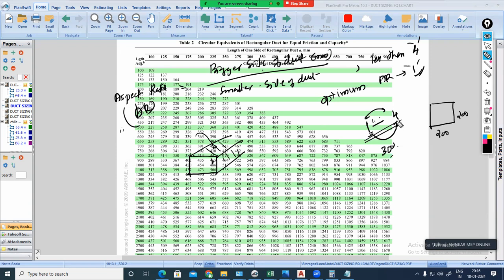Compared to duct 1, duct 4 has more surface area. More surface area means more heat gain. So even if we provide thermal insulation, compared to an aspect ratio 1 duct, an aspect ratio 4 duct will get more heat gain inside. That's why always try to maintain aspect ratio 1.